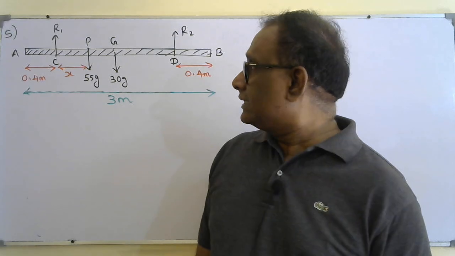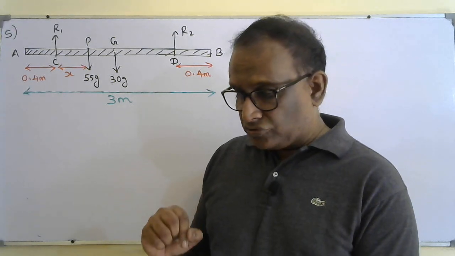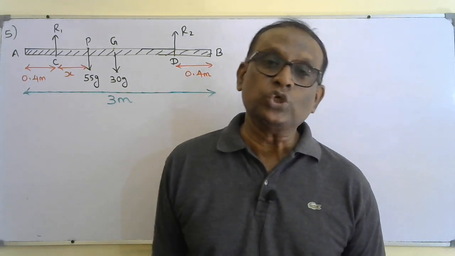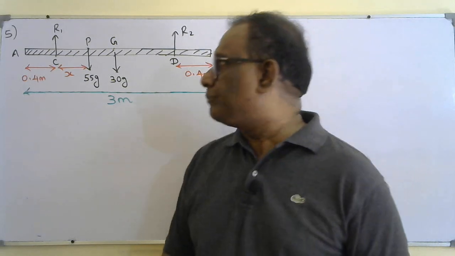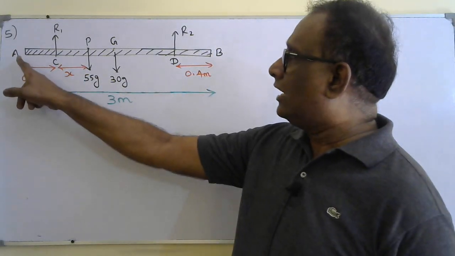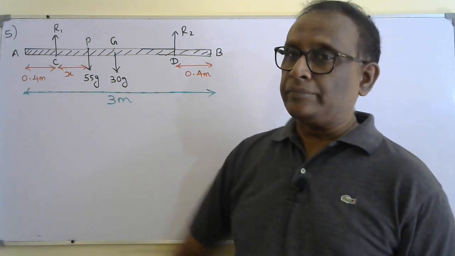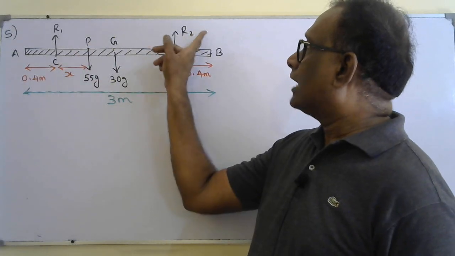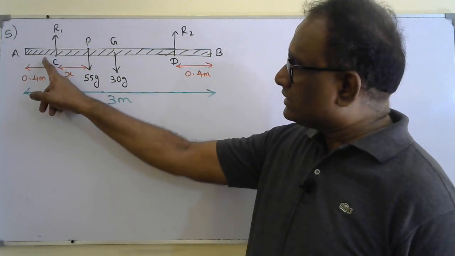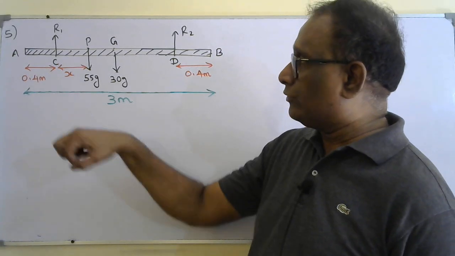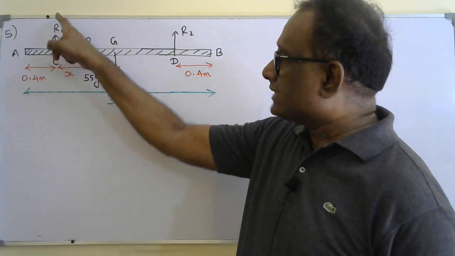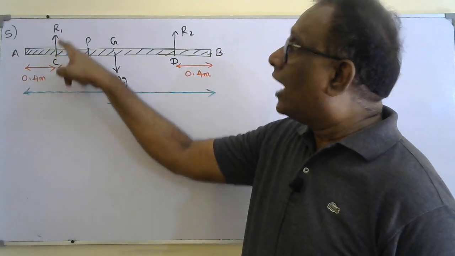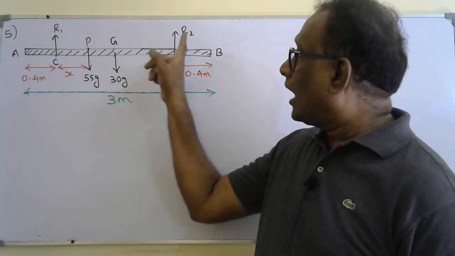So here when we consider that resultant force or the reaction force at C, we should try to minimize the unknown in our equation. We can take moment about any point, but if I take moment about A, both R1 and R2 will appear in my equation. If I take moment about any other point also, both R1 and R2 will appear in my equation. If I take moment about C, R1 won't appear in my equation because the normal reaction, the R1 is passing through C, the distance of R1 from C is 0, so R1 won't appear in my equation, but R2 will be there.